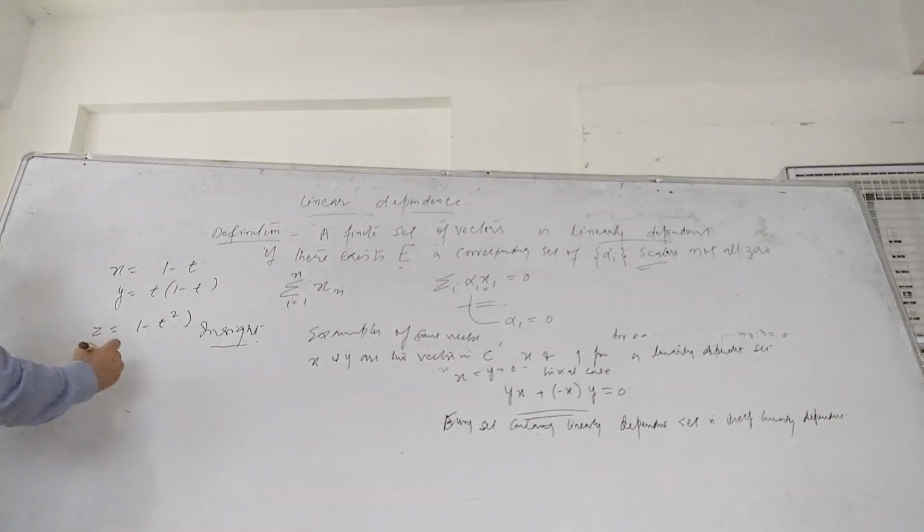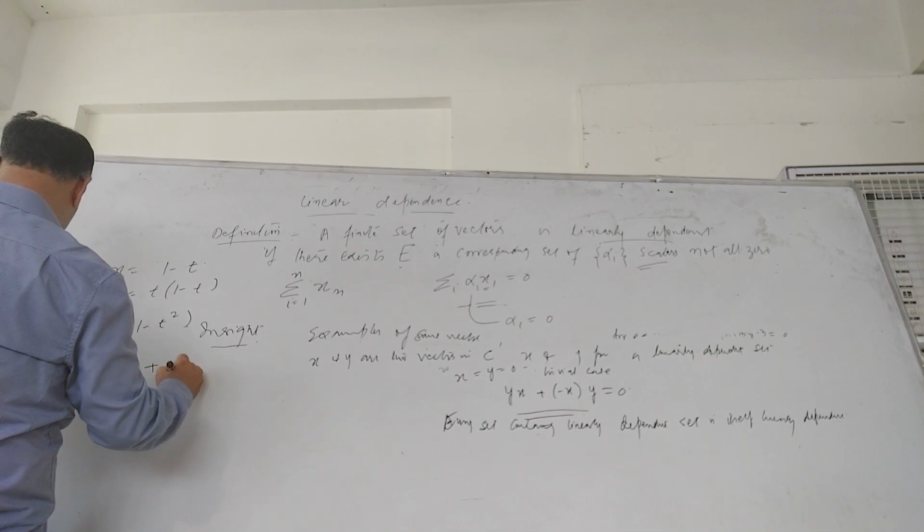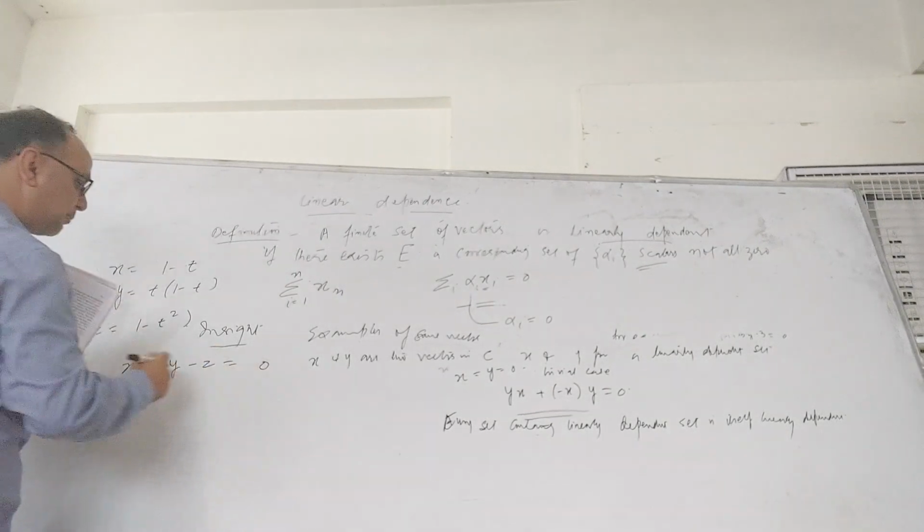For example, if you see x plus y minus z, this combination can still become 0.